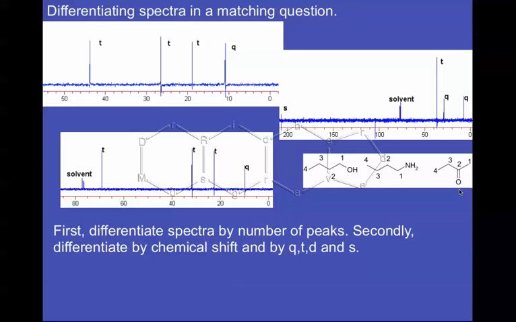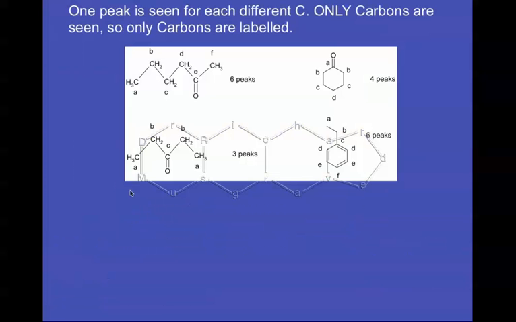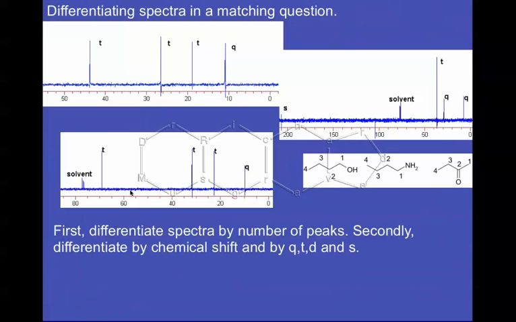Now if we go back to our correlation chart, you see C double bond O's appear at around 200 ppm. And this one would then have a peak at around 200 ppm. So there you go, that would be it here. Neither of these has any peaks in the 200 ppm region. So we've already been able to assign this one to this particular spectrum.